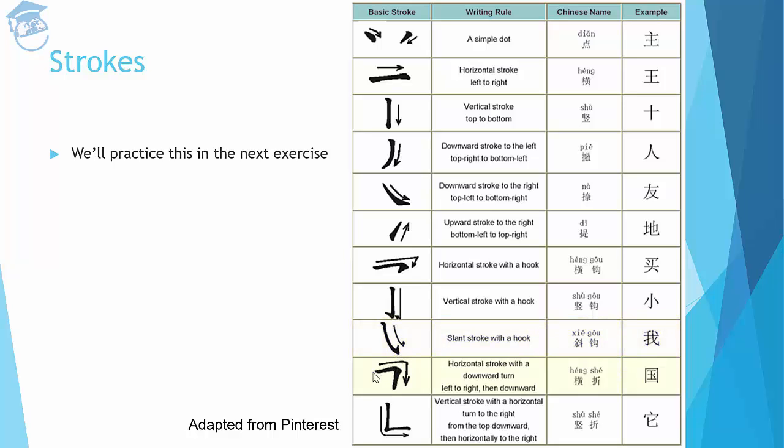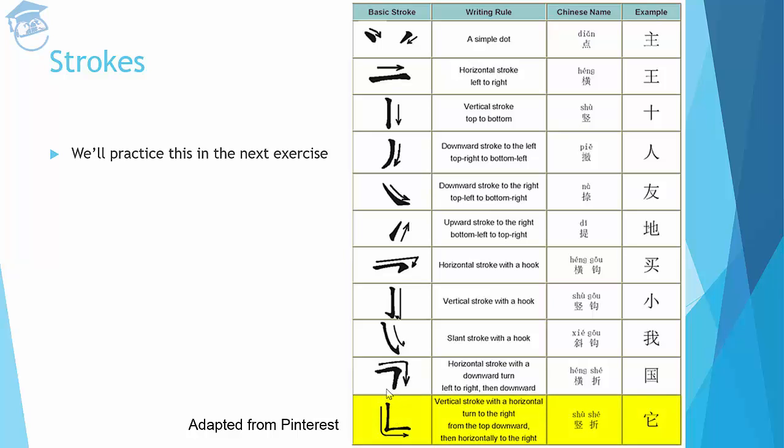And here we have a horizontal stroke, but it has a downward turn. So it's from left to right, then downward. So the example is right here, from left to right, then make a turn from top to bottom. And we have its counterpart as usual.